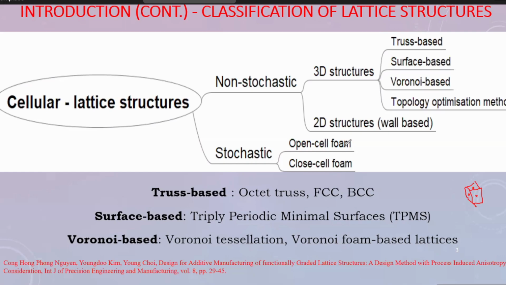Like if you have a box, and the box has a lattice structure, if you can visibly see the lattice structure, then it is called an open cell form. And if we have a surface closing that entire form, and the lattice is present inside that, then it is called a closed cell form lattice structure, and it is a stochastic form.